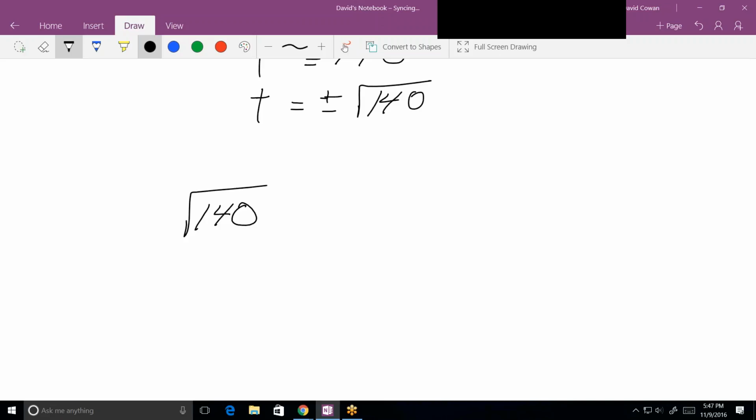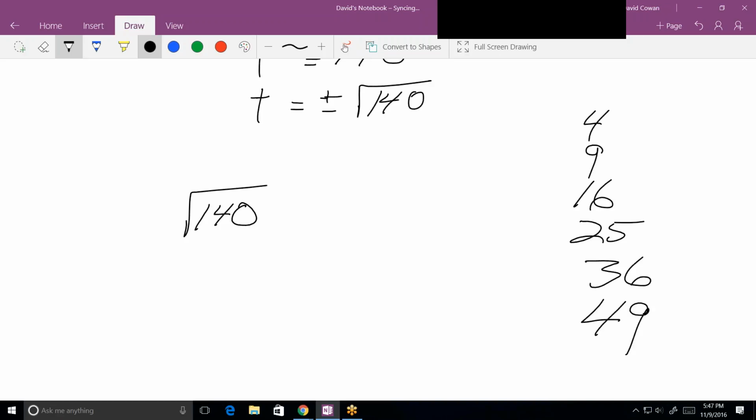Okay. Now, let's talk about, can we reduce that? Well, the question is, does it have any factors that match these numbers? Don't have to go much higher. I'm not going to find a perfect square number that goes into 140 bigger than this. But which of these divides into that? 4 does.